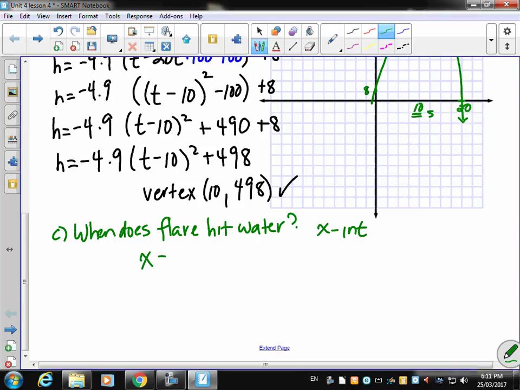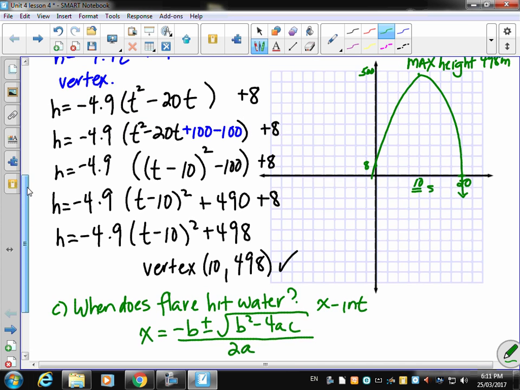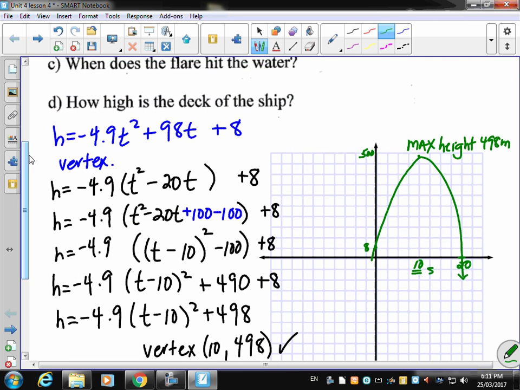So to find an x-intercept, I can use this formula. X equals negative b plus or minus the square root of b squared minus 4ac, over 2a. And we're going to need a calculator handy to do so. So I'm going to be scrolling up to the original equation to make sure I get my numbers correct. But my a value is the number in front of the t squared term. B is the t term, and c is the numeric term.